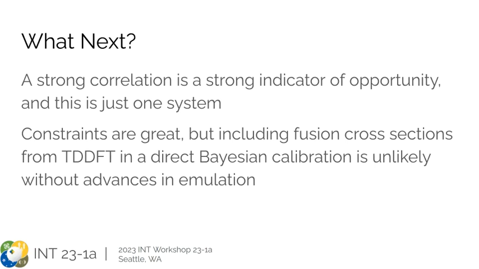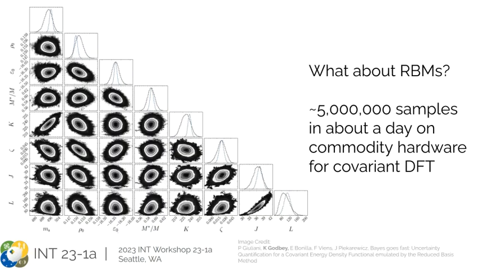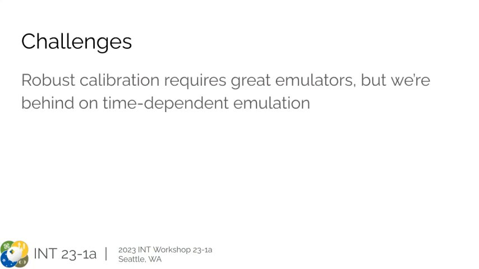So even though we'd like to do full calibration with these dynamical quantities, Sheeling talked about all these great advances in emulation that have been sweeping the field in recent years. But while yes, it's great, you have these RBMs that give you millions and millions of samples, they're not really great for time-dependent problems.